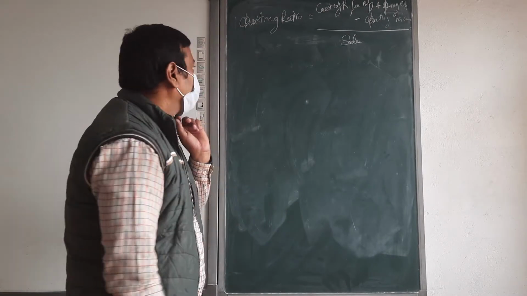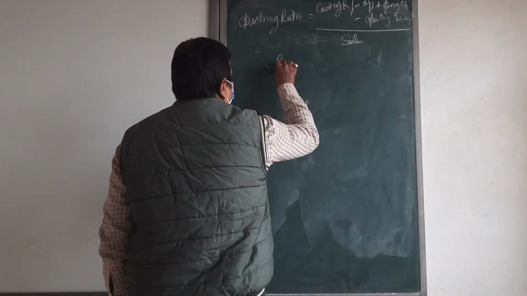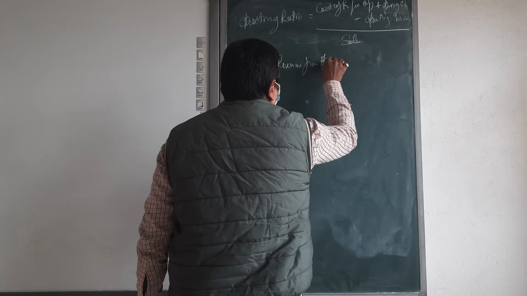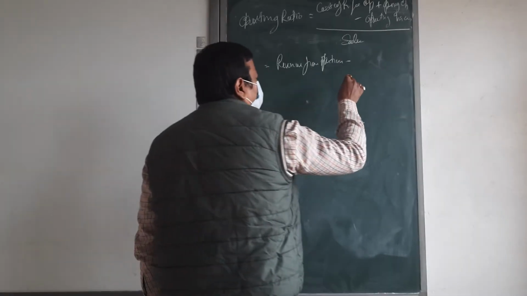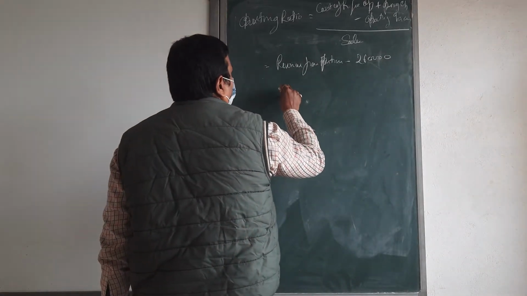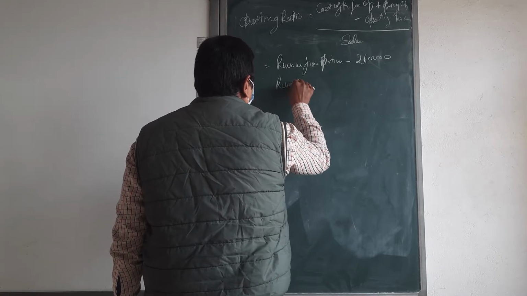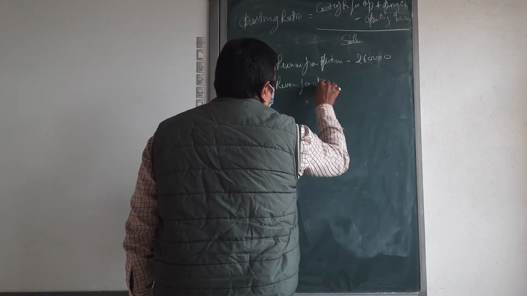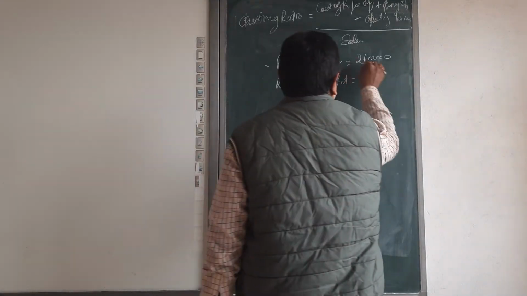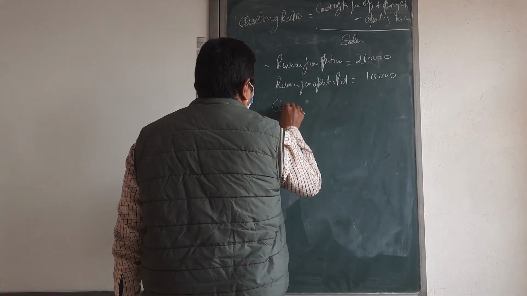Calculate operating ratio from the following information. Revenue from operation amount 2,60,000. Revenue from operation return amount 10,000.